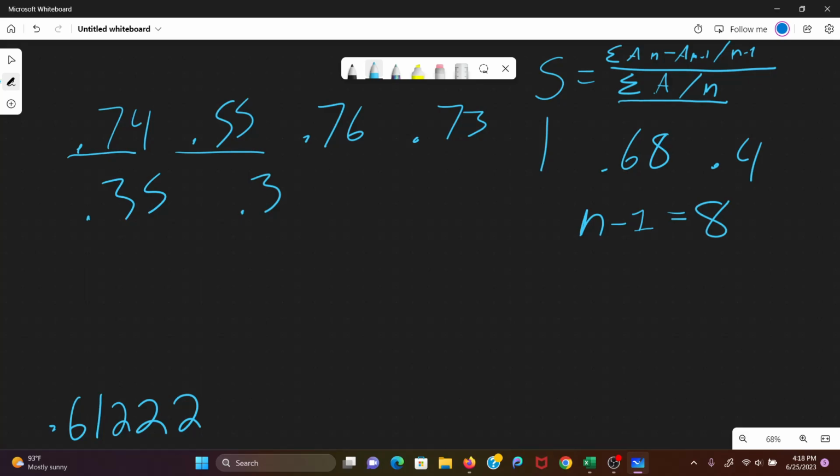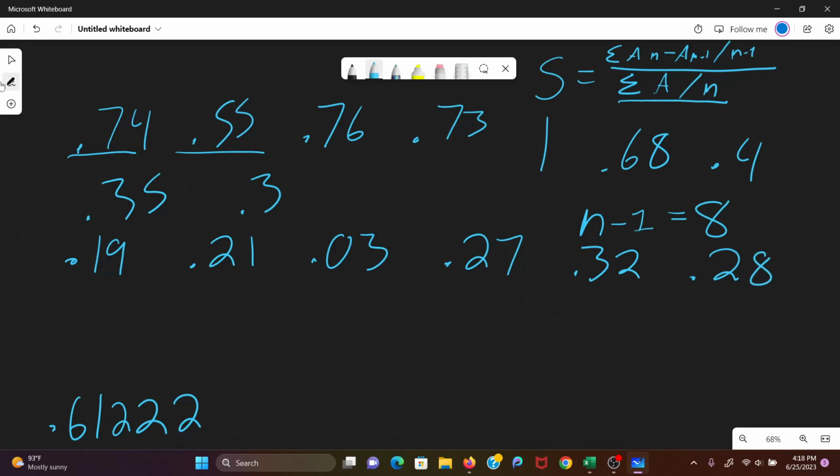And the numbers that you should end up with are 0.19, 0.21, 0.03, 0.27, 0.32, 0.28, 0.05, and 0.05. 1, 2, 3, 4, 5, 6, 7, 8.